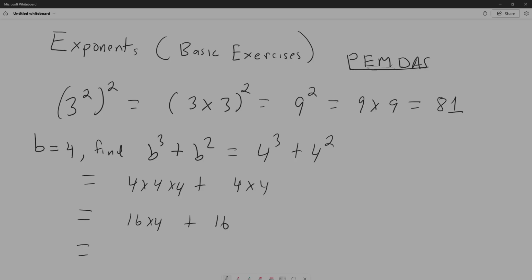So 16 times 4: 4 times 6 is 24, that's 4, carry 2, 4 times 1 is 4, plus 2, that's 64. Now we do 64 plus 16, and our final answer is 80.